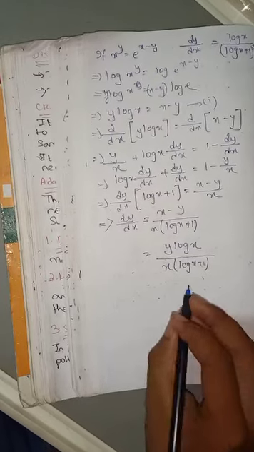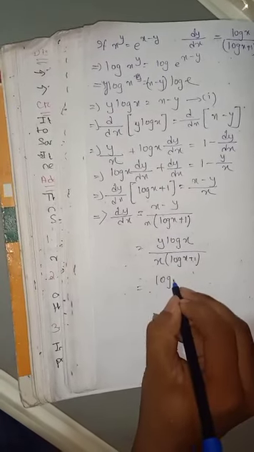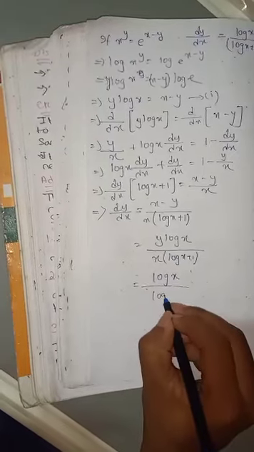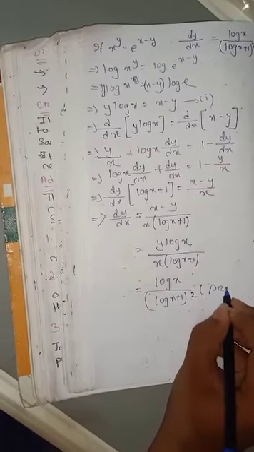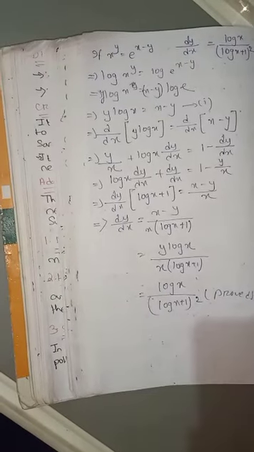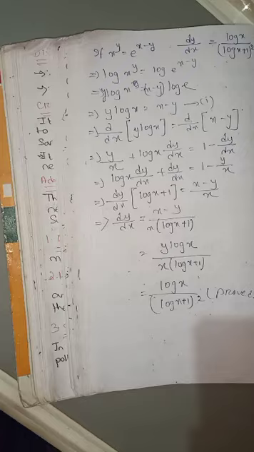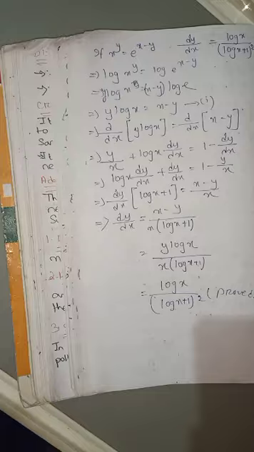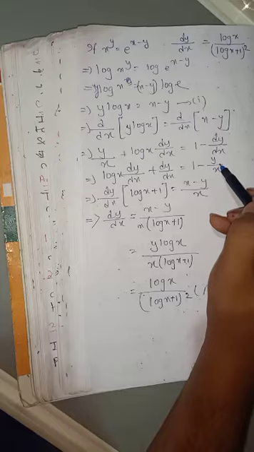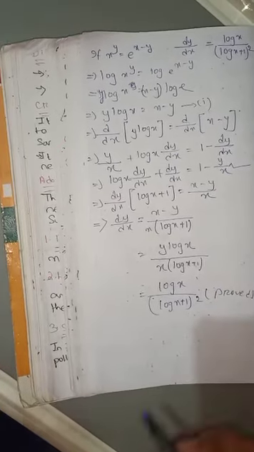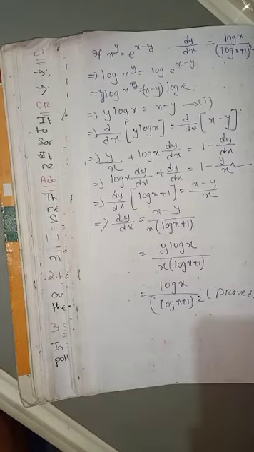Then after solving further, the answer will be log x by (log x plus 1) whole square. Proved. Here y by x comes from here. Write it. Then answer the next question.